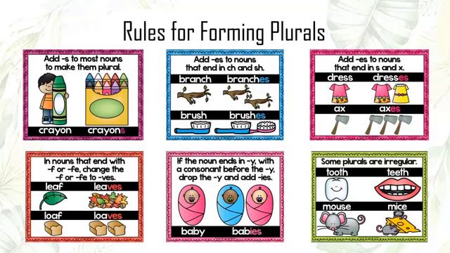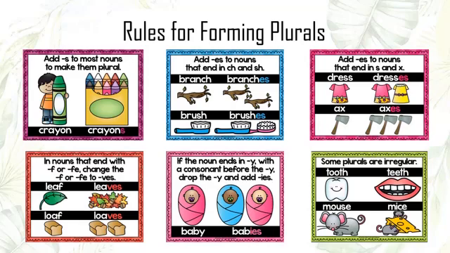There is also the rule to add es to nouns that end in ch and sh. Examples of this are branch, which becomes branches, and brush, which becomes brushes. Our next rule is to add es to nouns that end in s and x.